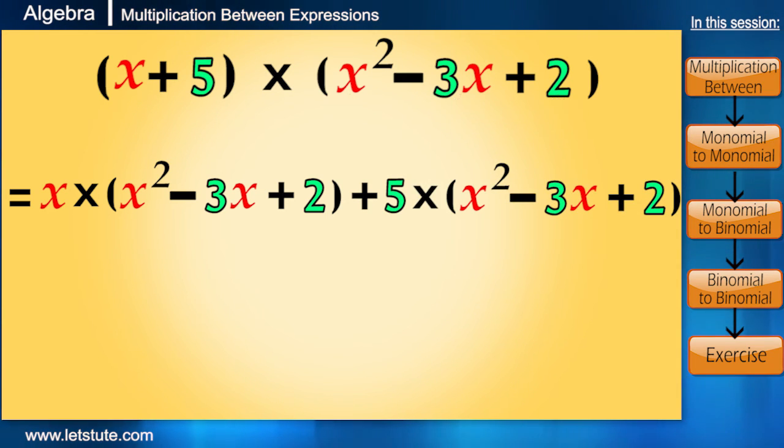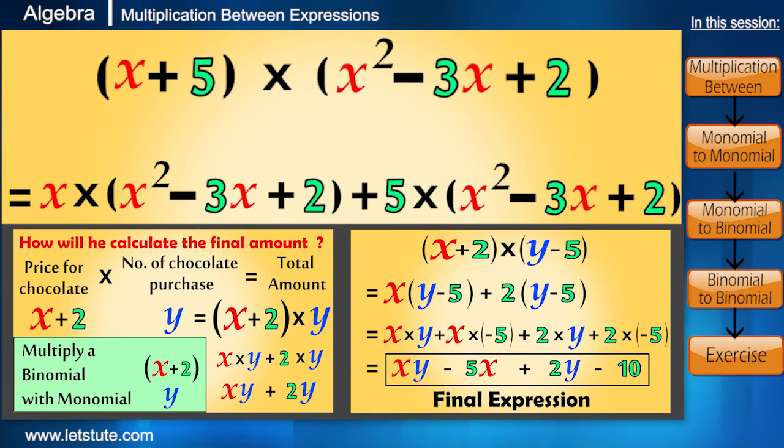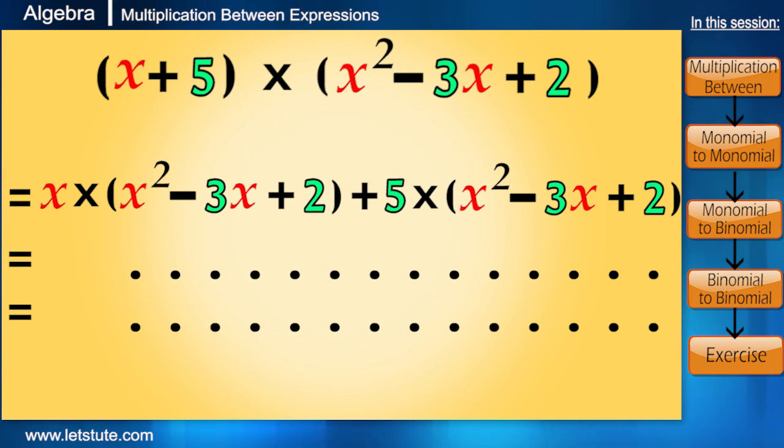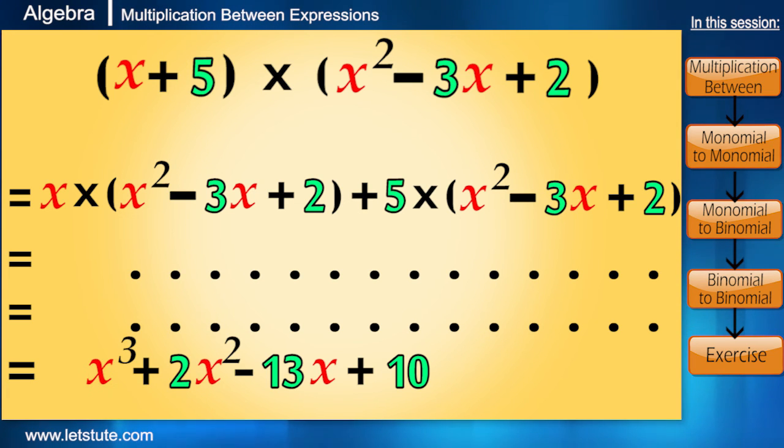I am sure you understood all the points which we should remember while multiplying expressions. So why don't you try further steps on your own? Let me also tell you, your final expression should look like this. So do it and check if you have done all these steps correctly. And yes, do comment us your result in the below comment box.